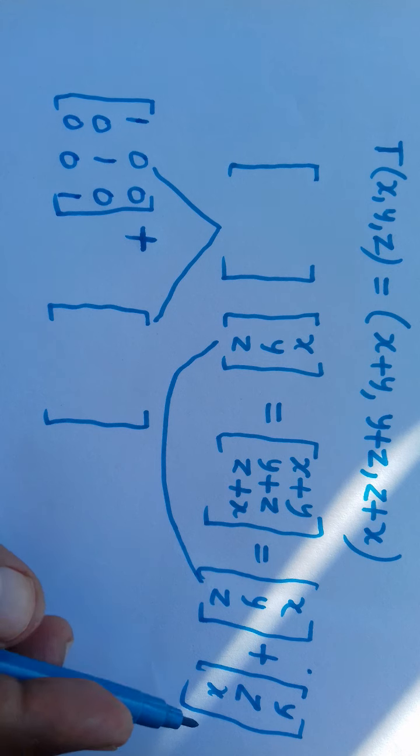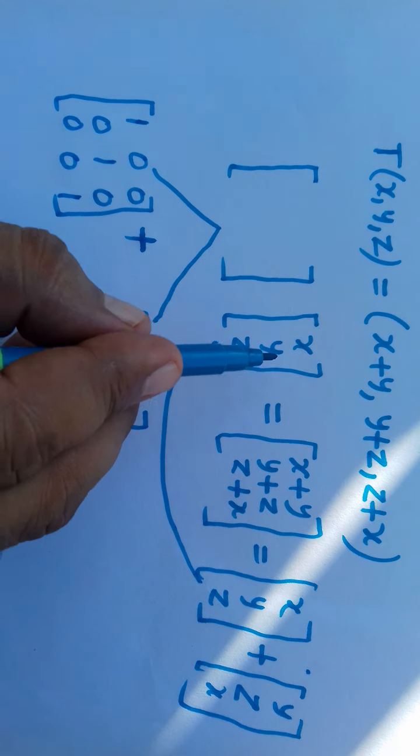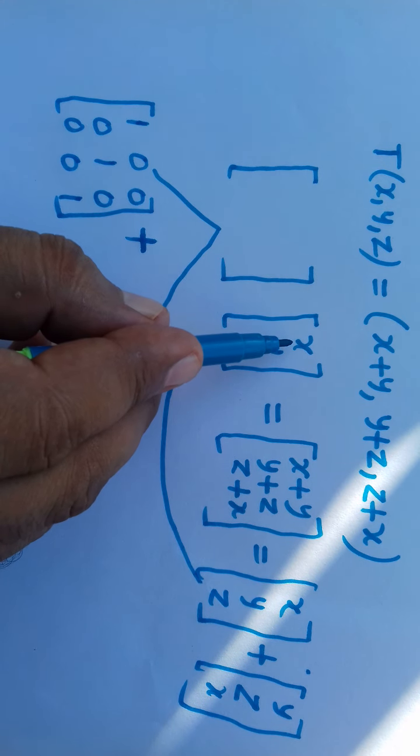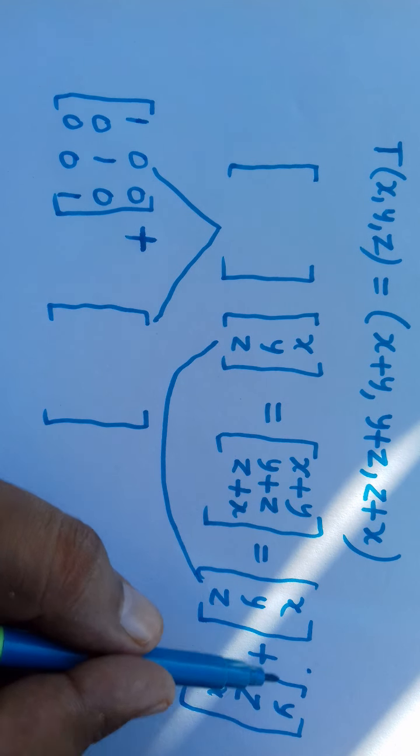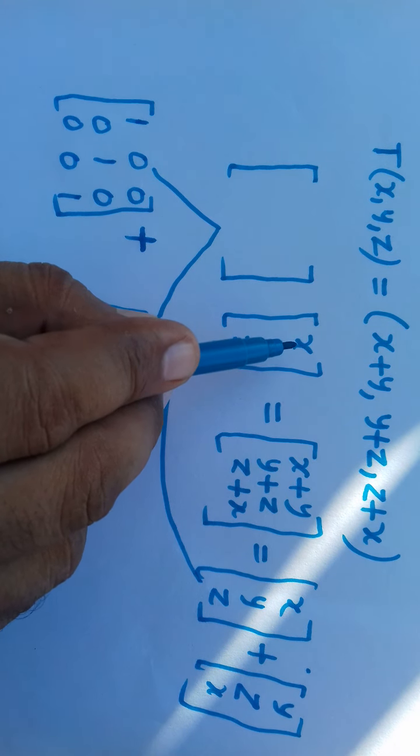Now think about the second part. Second part means here you see x, but here you see y. This means that this x goes to y.